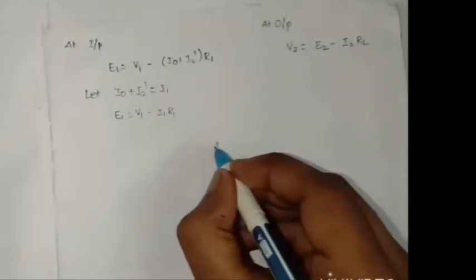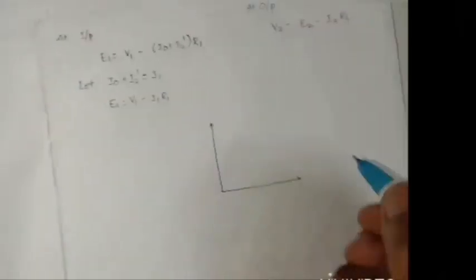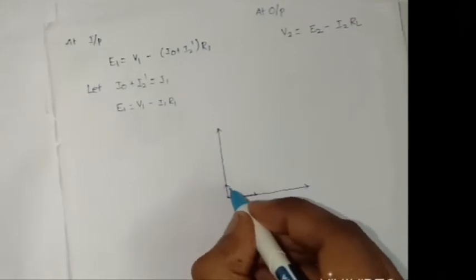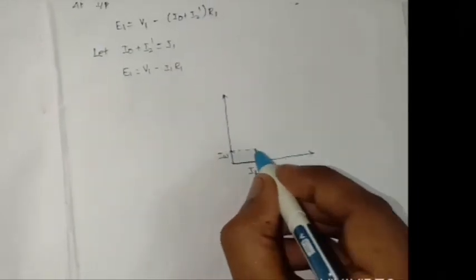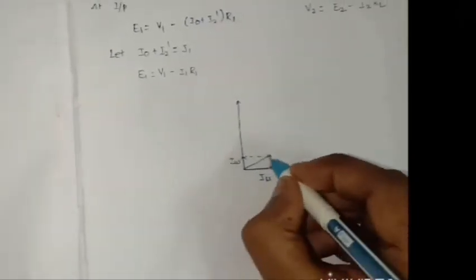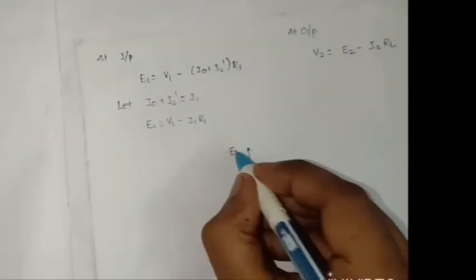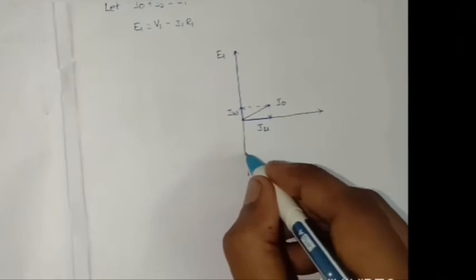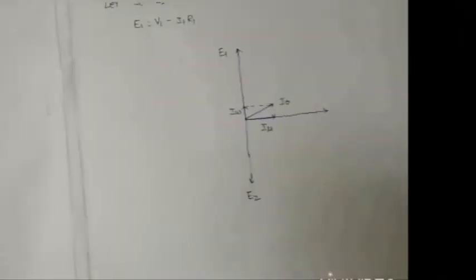Let's move to the phasor diagram. From our previous discussions, this is I mu magnetizing current, this is IW working current, and the resultant gives I0 no load current. This is EMF induced at the primary. Similarly, this is EMF induced at the secondary.